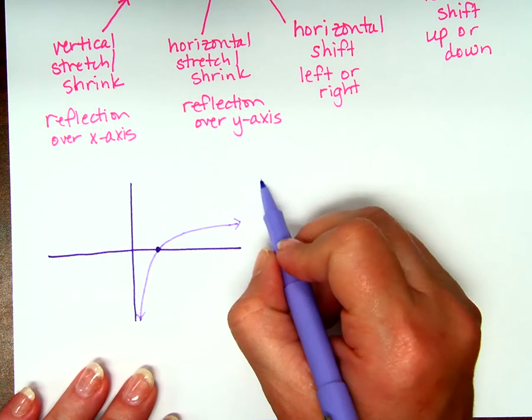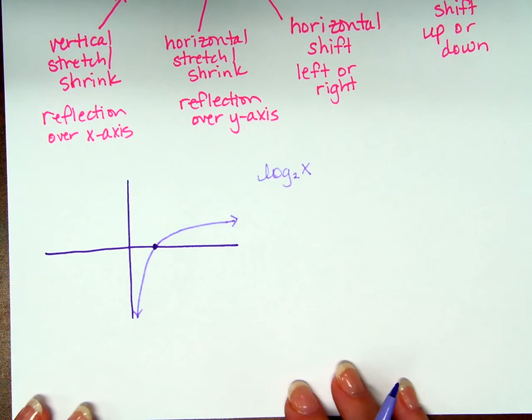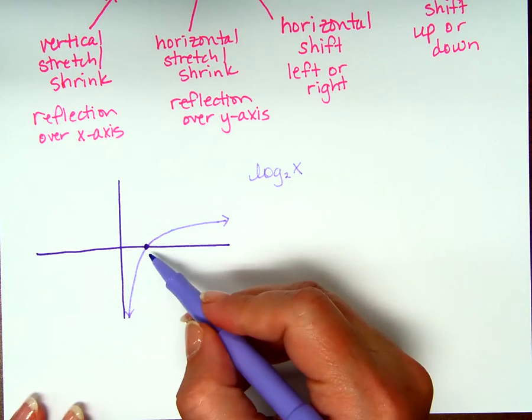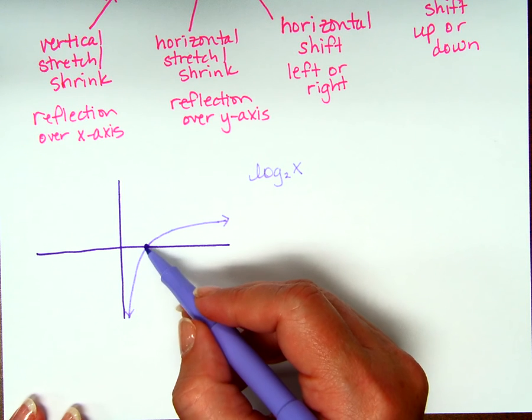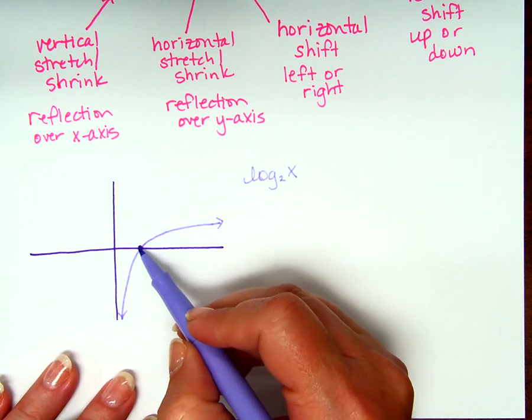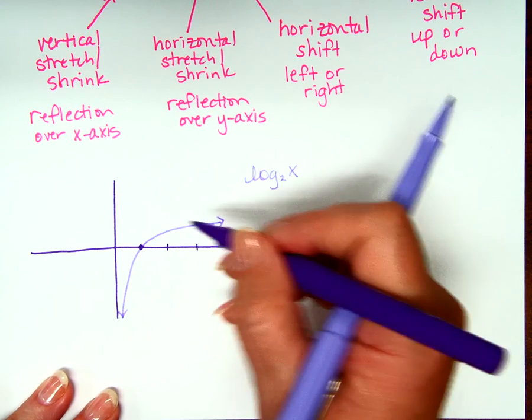That's what it would be if it was log base 2 of x. Why did I make sure to put this point right here and make sure that my graph went right through that point? So no matter what the base is, because that's just 1, right? There's 1, there's 2, there's 3, and so on.